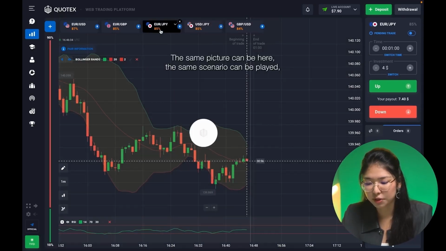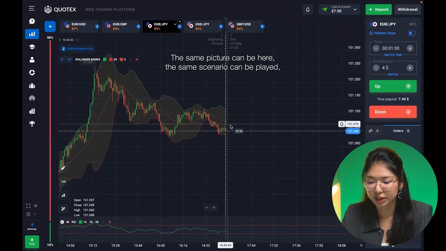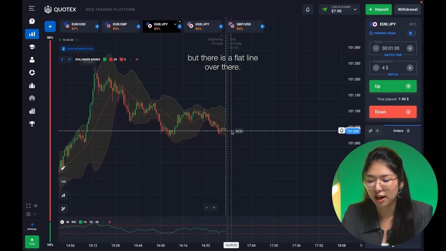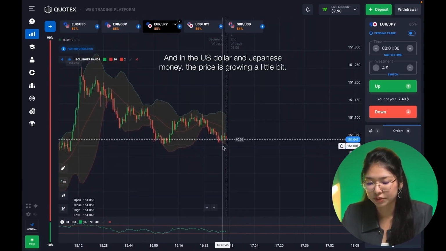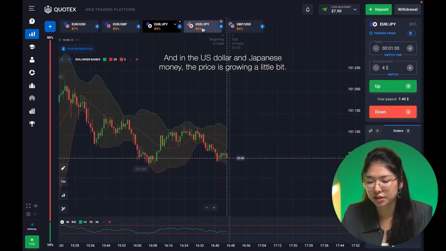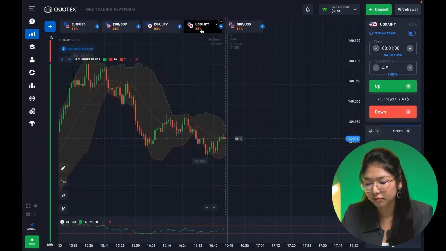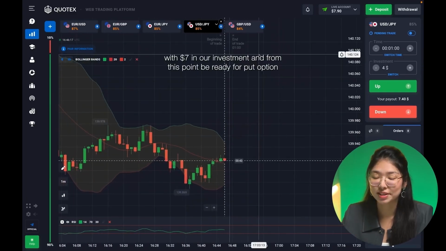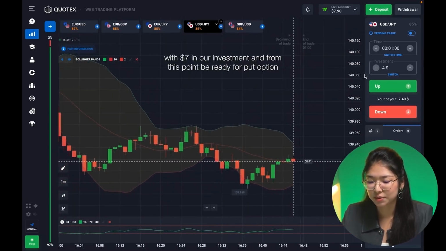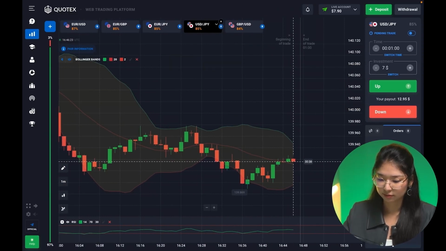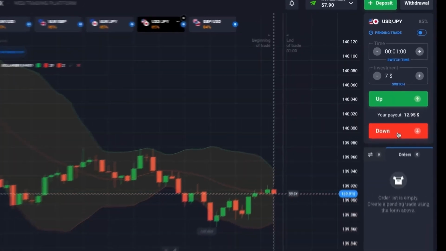The same picture can be here, the same scenario can be played, but there is a flat line over there, and in the US dollar, Japanese yen, the price is growing a little bit. So well, we can use this knowledge and make a cool trade with $7 in our investment, and from this point be ready for put option right now.